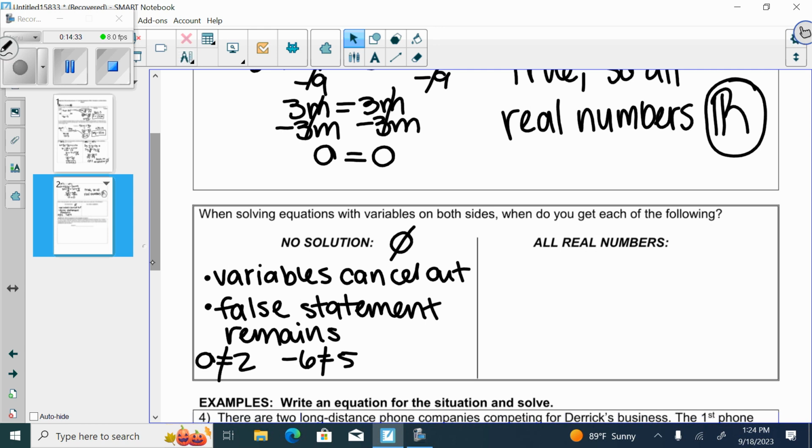All right? But on the other hand, like number 3, if those variables cancel out again, but you're left with a true statement, your answer is all real numbers, which is this symbol here. Again, this happens when those variables cancel out, but this time you're left with a true statement.